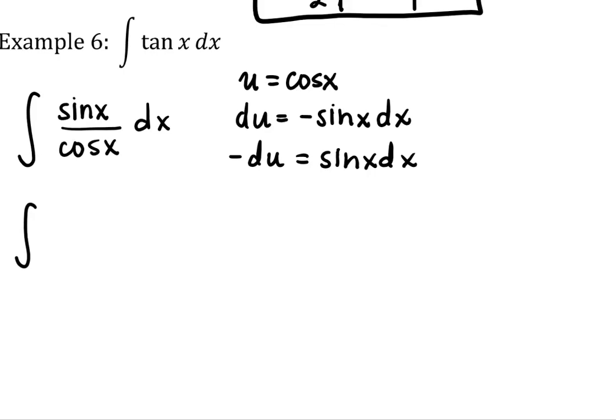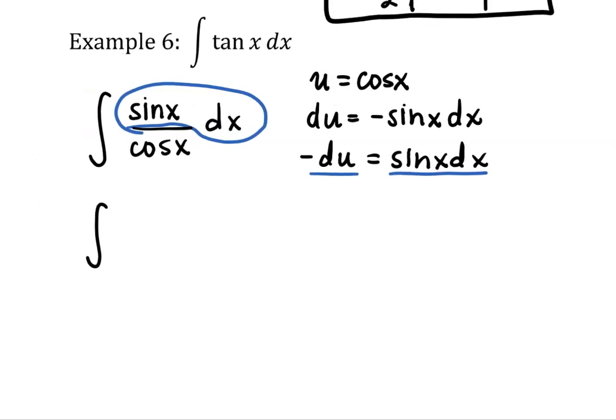I will be replacing the sine x dx with a negative du. So I'll go ahead and stick a du at the end of my integral, and I'll stick the negative out in front. We are left with a cosine x that is showing up in the denominator.